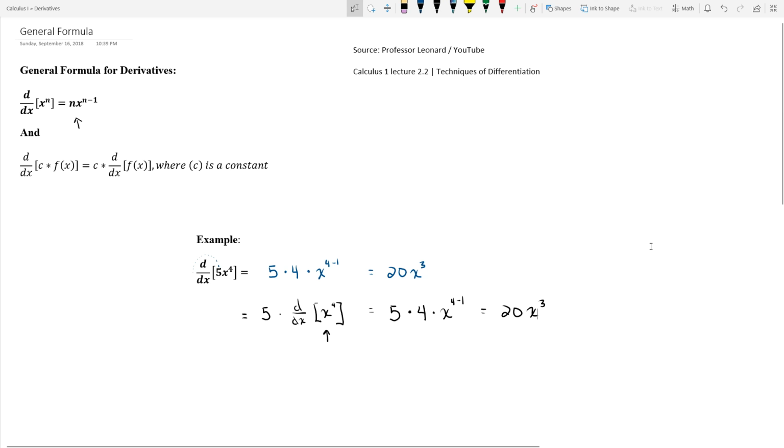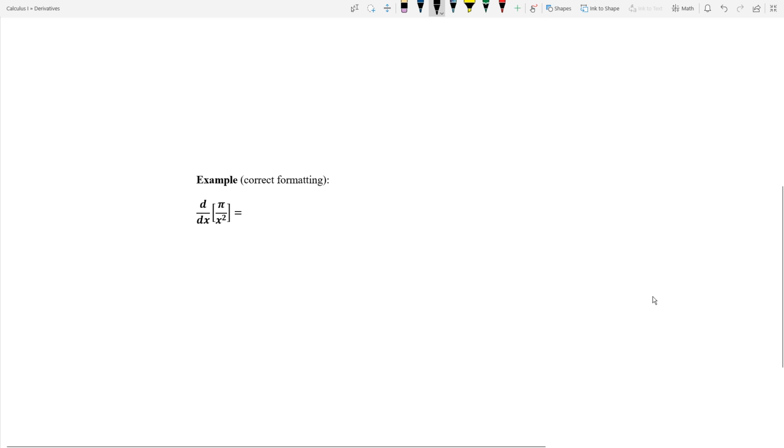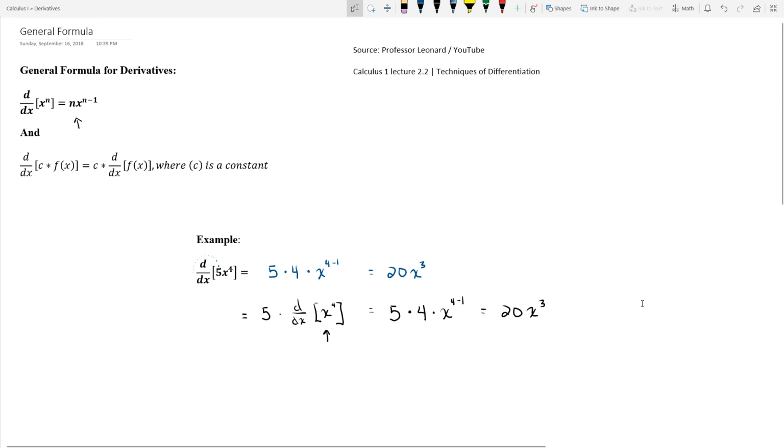So let's do one more example where we are working with a constant multiplied by a function, and we're also going to have this as a fraction. The general formula, remember, is not as a fraction. So whatever we have for x, we need to make sure that it is no longer in a fractional form.